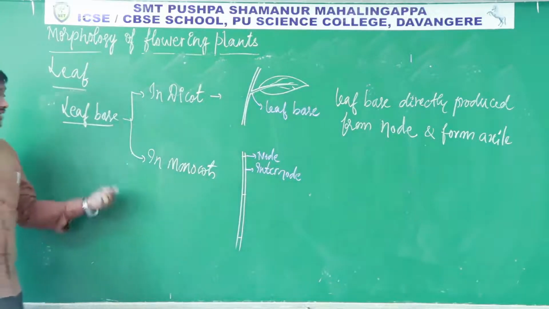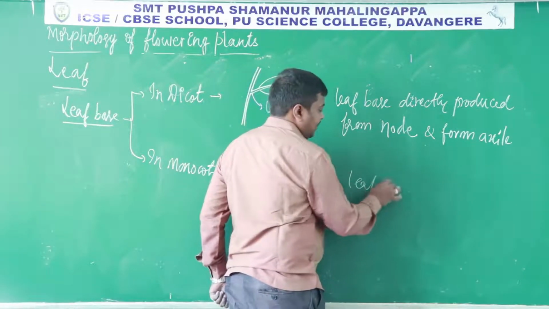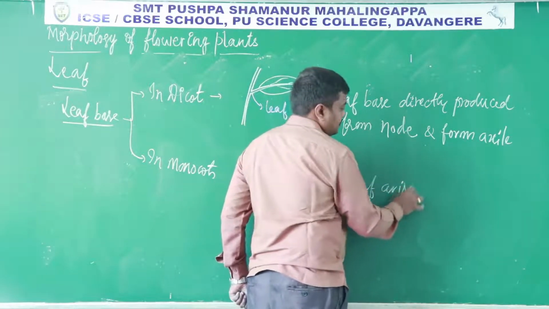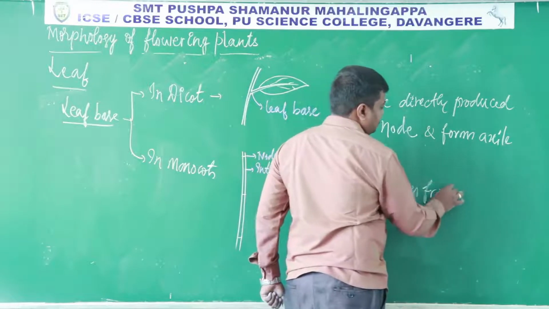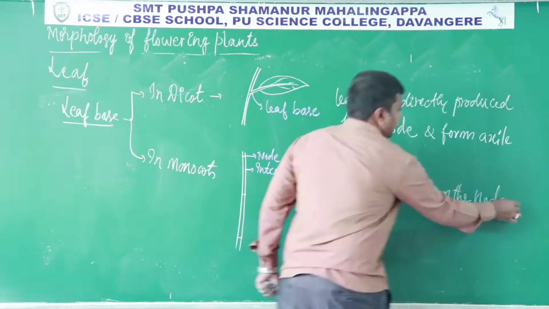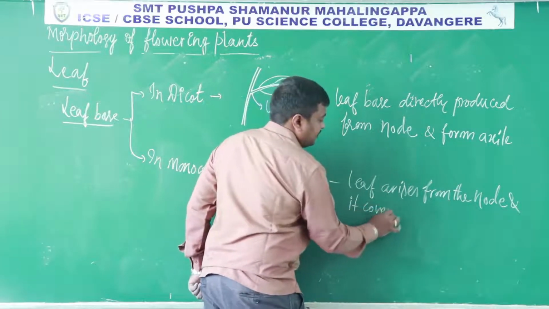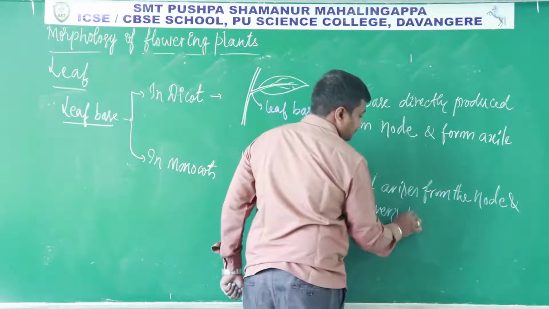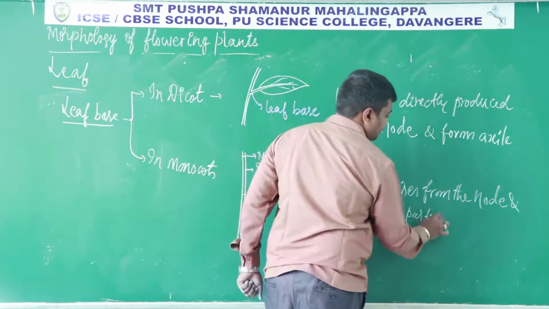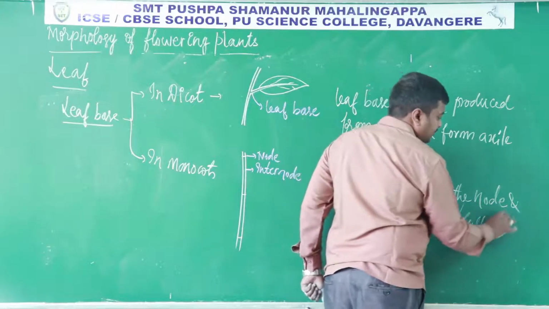Here also the leaf arises from the node and it covers partially or fully the internode.